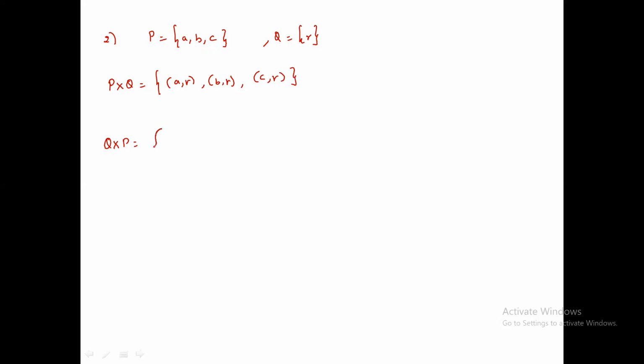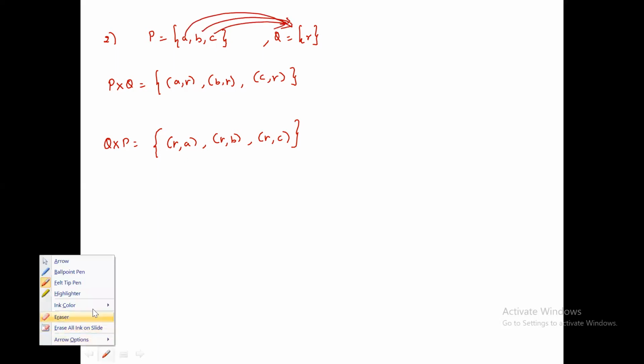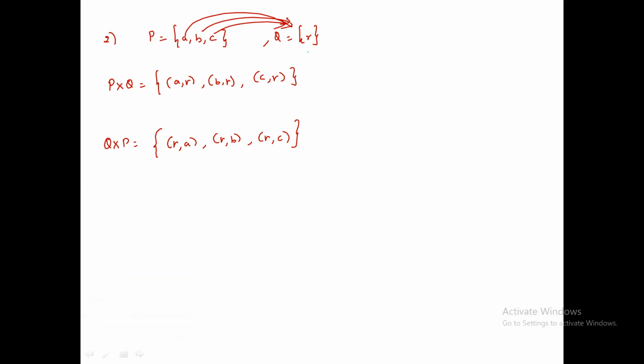And when we find Q cross P, we will start with R: RA, RB, RC. Did you see? For P cross Q, I took AR, BR, CR, starting with P. But for Q cross P, I took RA, RB, RC. That is the difference.